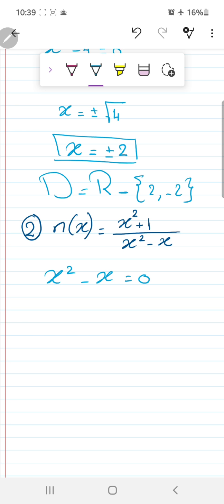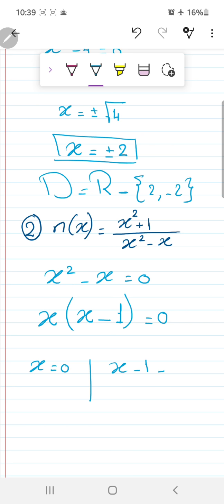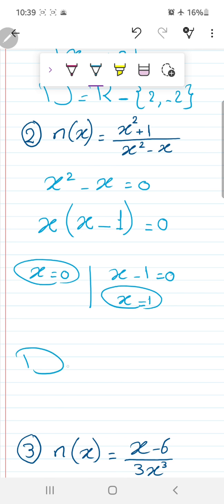As we studied in lesson 1, take a common factor x. x power 2 minus x becomes x times x minus 1 equals 0. So x equals 0 or x minus 1 equals 0, so x will be 1. So our domain here equals R minus 0 and 1.